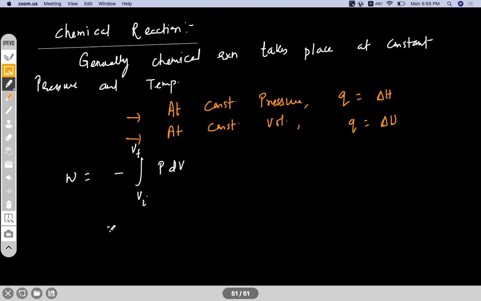So P dV is what we can write. We can write P dV is nR dT, or nRT we can write, right? So we can write the final number of moles, only for gases, R into T, minus Ni initial number of moles, only for gases, R into T. Vf minus Vi is this.